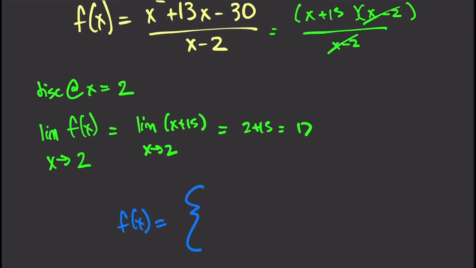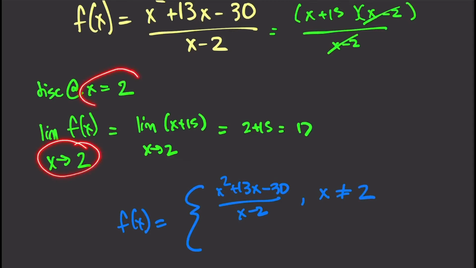It's going to have two pieces to it. The first piece is going to be our original function, x squared plus 13x minus 30 over x minus 2. Now, where's that going to exist? That's going to exist everywhere except 2, because remember, that's where we had discontinuity. So basically, that's going to create this.